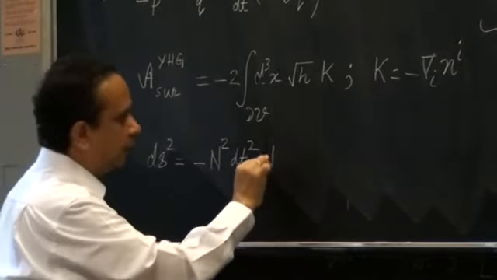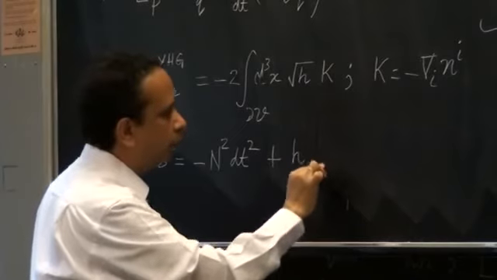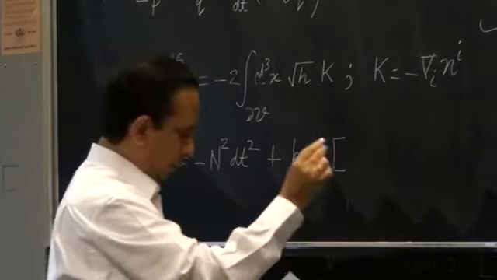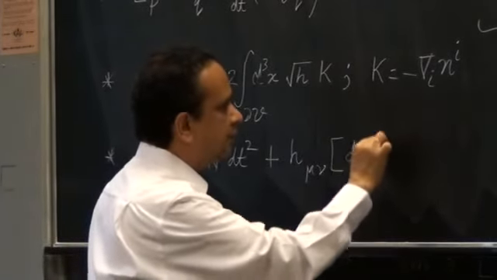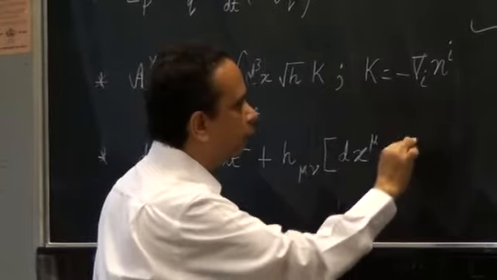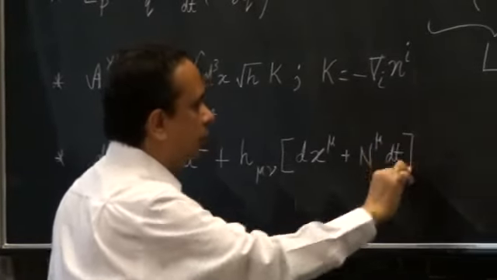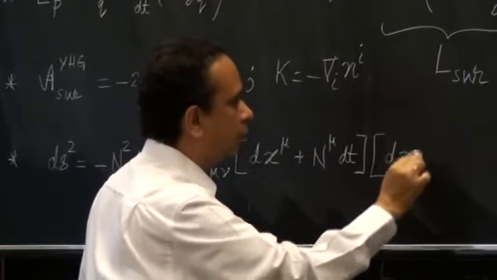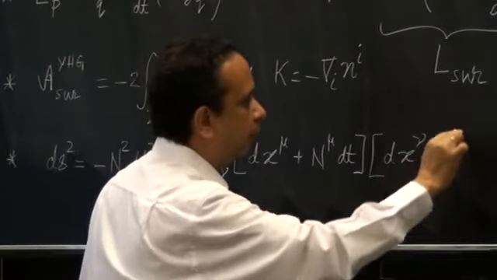Then you have plus h mu nu times dx mu plus N mu dt times dx nu plus N nu dt.